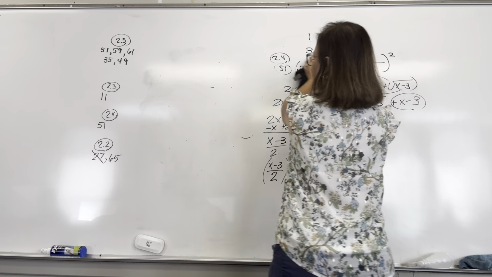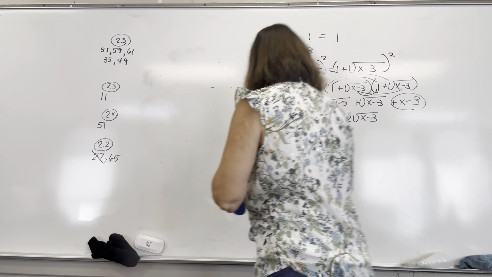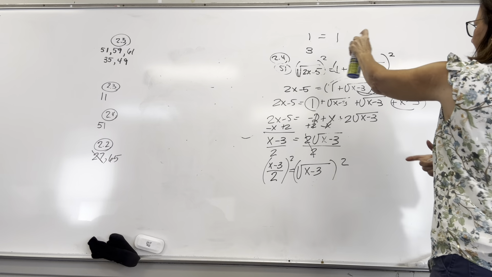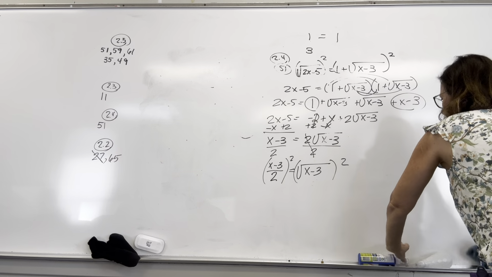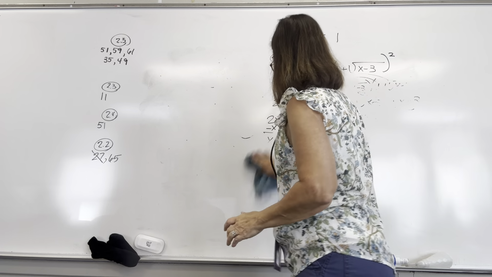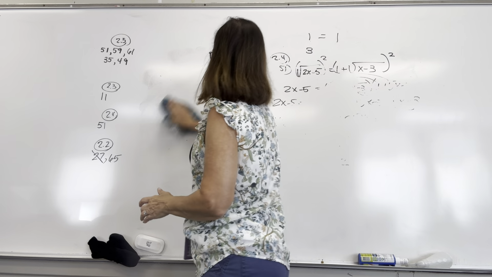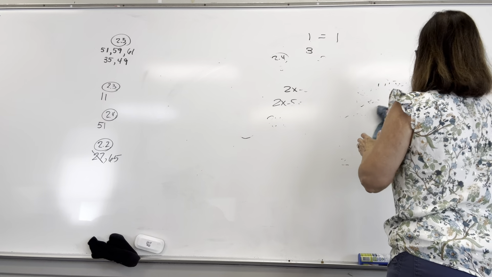All right, now let's go to 2.5. I'm going to spray the board real quick. 2.5. It's a little hard to erase. What page are we on for 2.5? 124. All right, everybody on page 124.